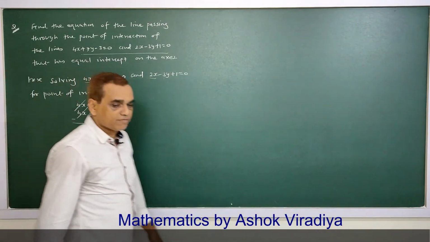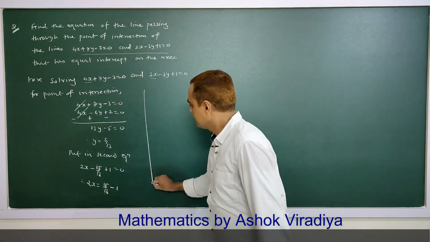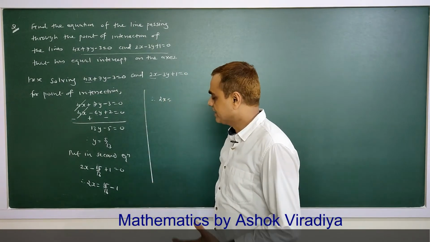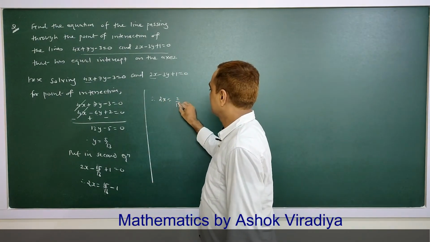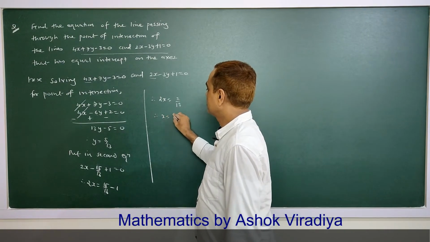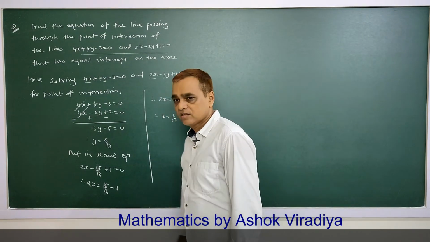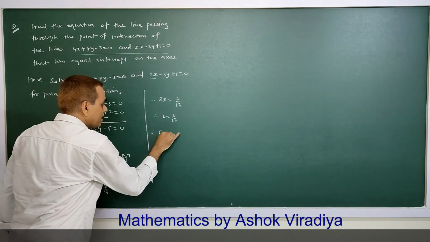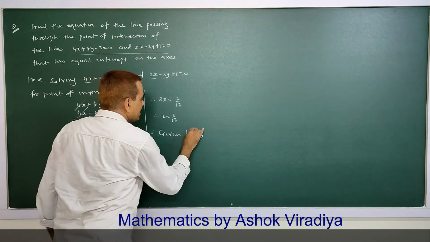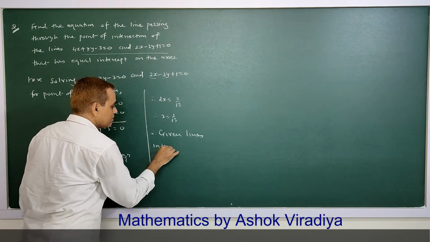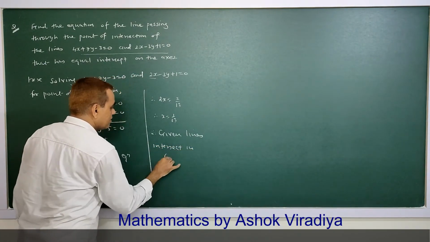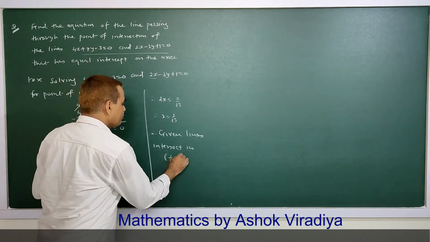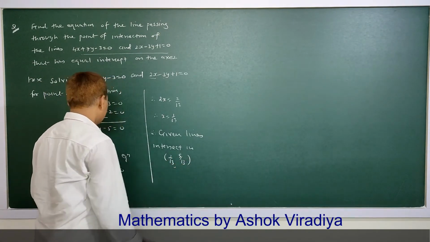So 2x is 15 minus 13, 2 by 13. So x is 1 by 13. So both the given lines intersect in 1 by 13 comma 5 by 13.